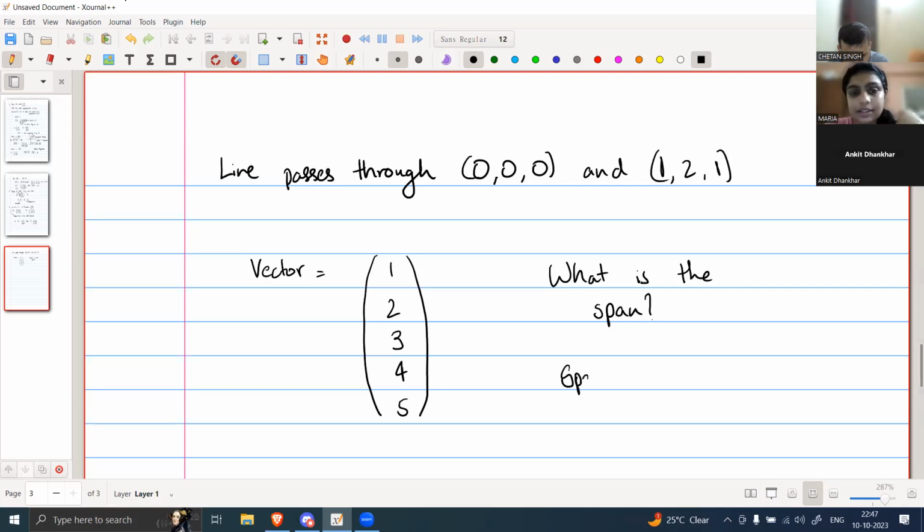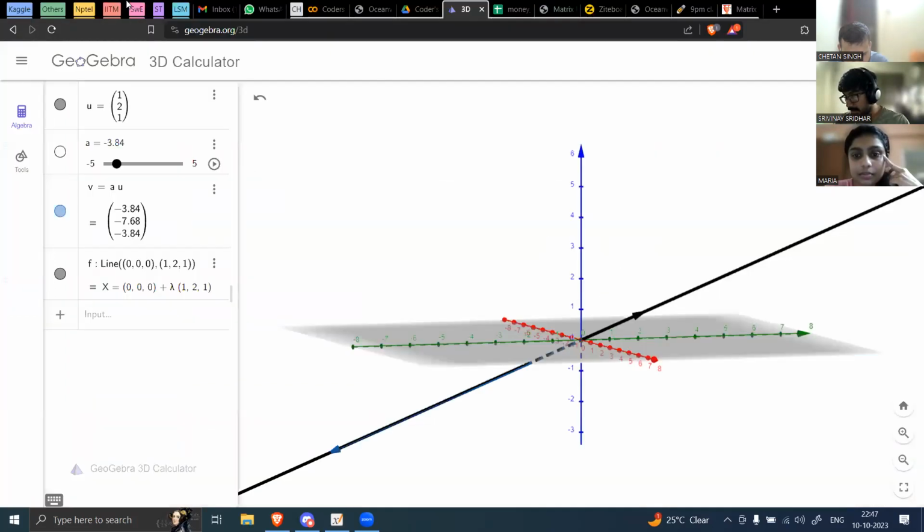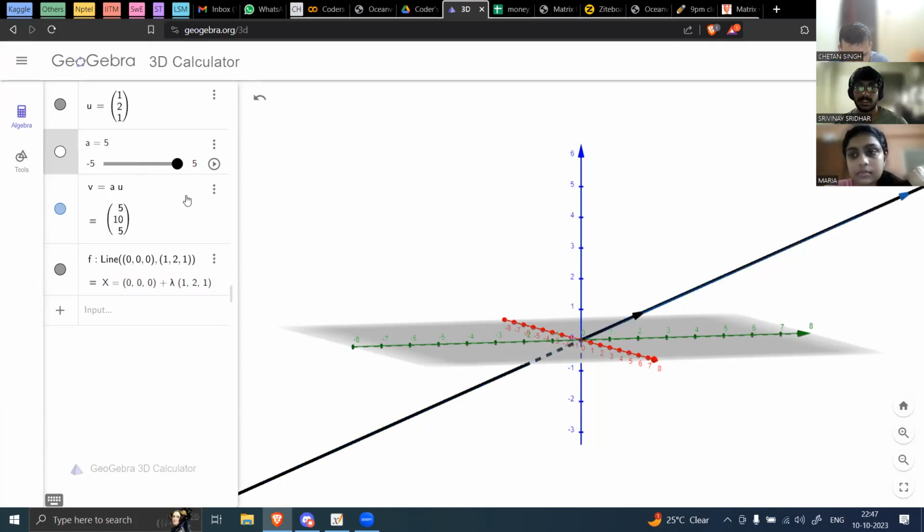Okay, that's what Sir says. We can't use GeoGebra for this; I'm just saying we saw it for 3 dimensions. That's the best we can see, right? We saw 1, 2, 1, and then we tried to scale it up and down. And then we realized if I scale it up and down, I can only go across a line. I can span a line, right?